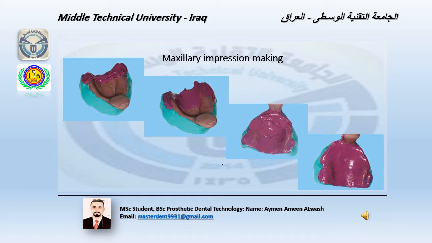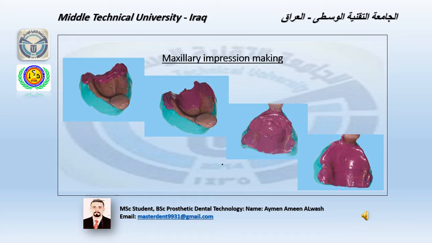Initially, after we record the complete denture impression material, the outer surface of the special tray must be cleaned of any excess material. Then apply adhesive material.